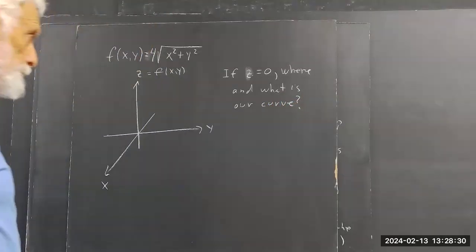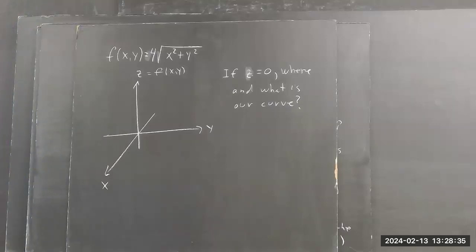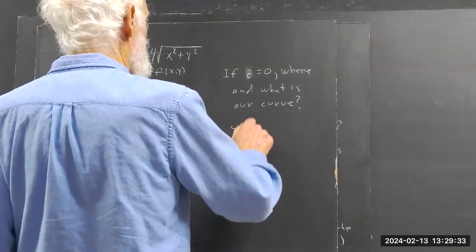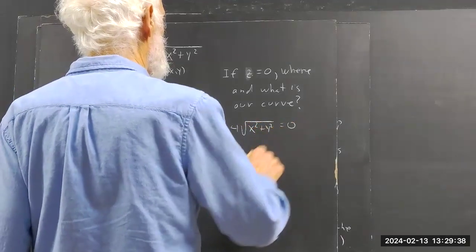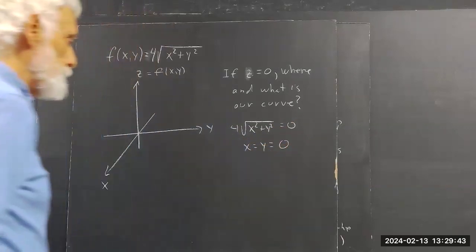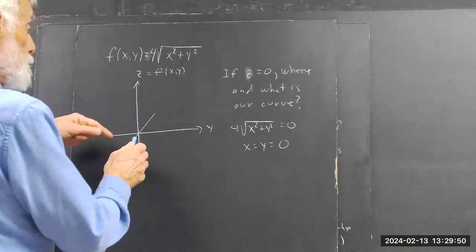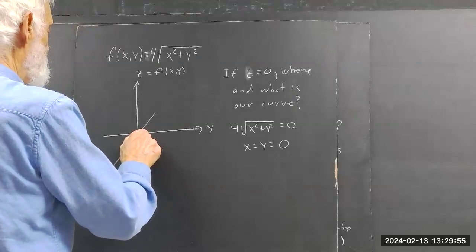Where and what is our curve? Where is the curve going to be located? It's going to be in the x-y plane, so z is going to equal 0. So x and y are 0. Well, there it is.